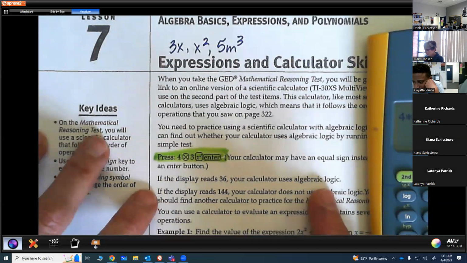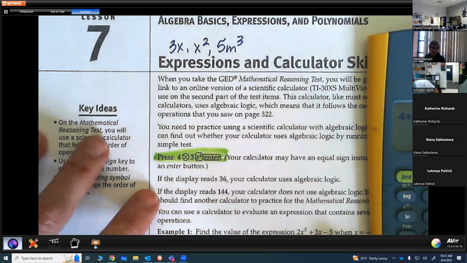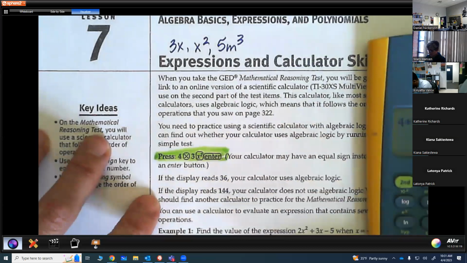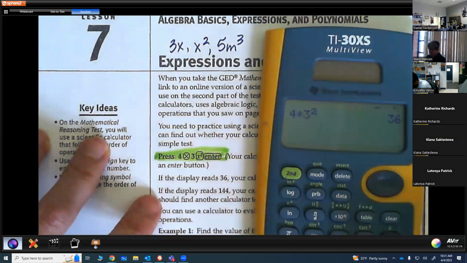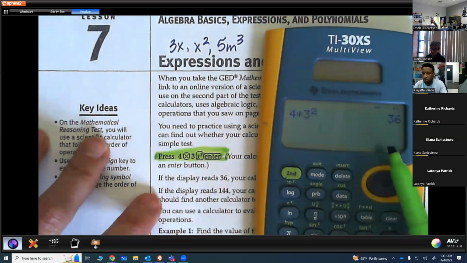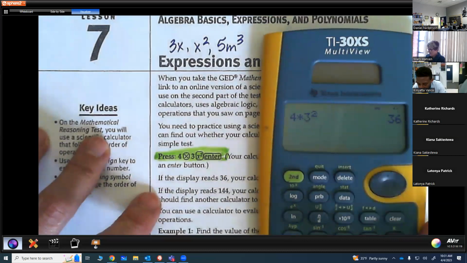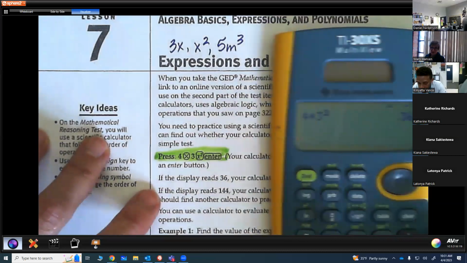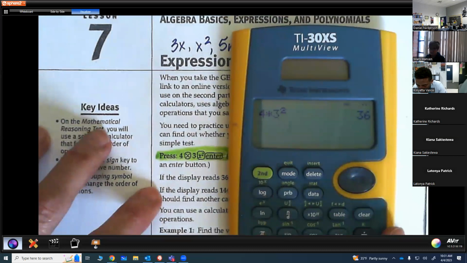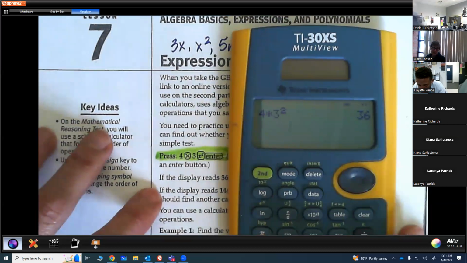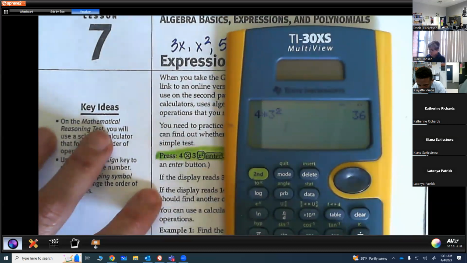Not all older calculators use the order of operations. If your calculator is an old one, it would give you the number 144 because it's not using the order of operations. It's trusting you to enter the order of operations. Everyone should have a calculator that uses the order of operations. If you're using one of these yellow calculators, you're fine.